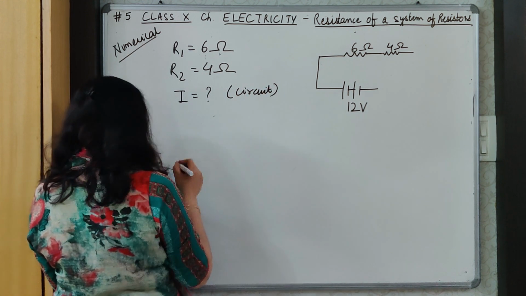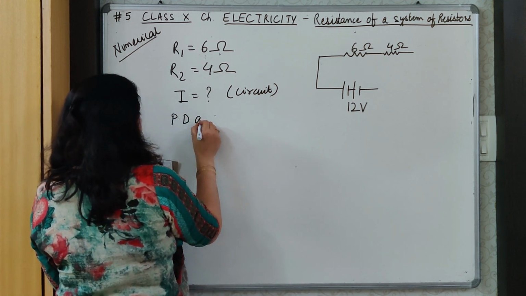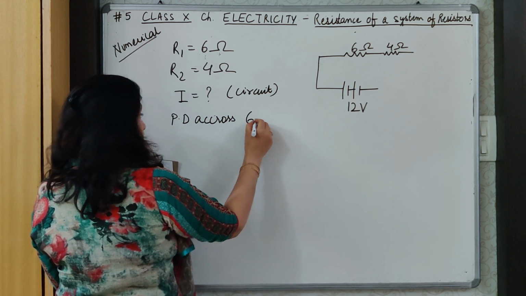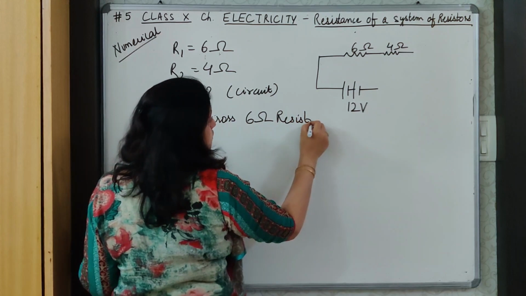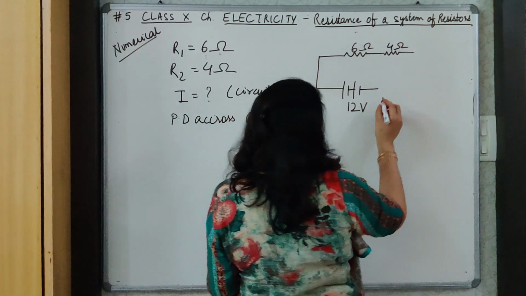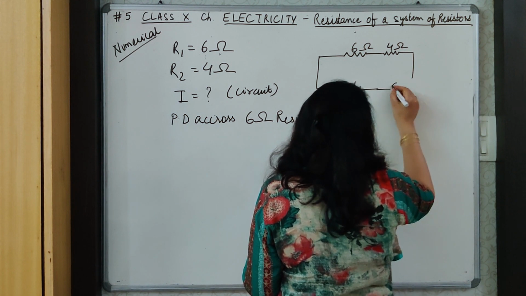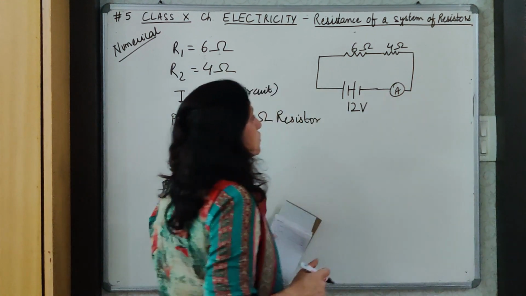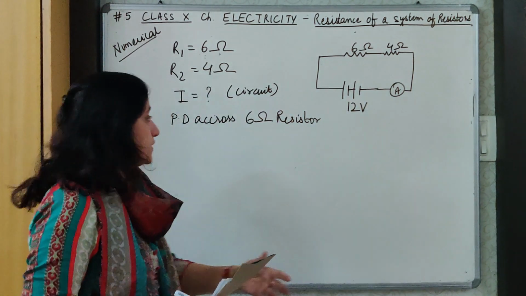This is one thing asked, and we have to find the potential difference across the 6 ohm resistor. These two things are asked from us. So this much diagram can be drawn in the question, though the ammeter is not mentioned, so we need not draw it also, but we have taken it here, so let it be.